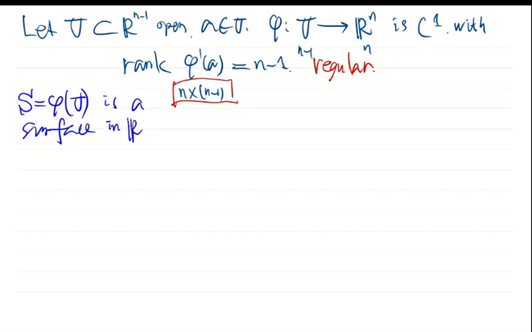in R^n. Of course, phi is the parametrization of this surface, and because there are n-1 parameters, the number of degrees of freedom of this S is n-1. So we sometimes call this an n-1 dimensional surface or hypersurface, or we can say the codimension is 1.